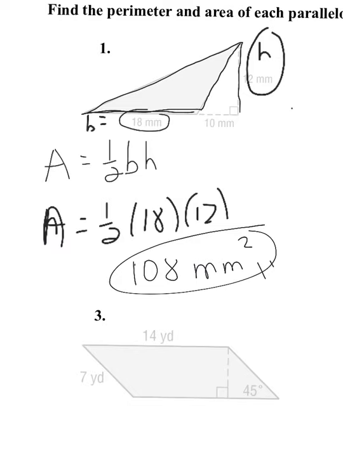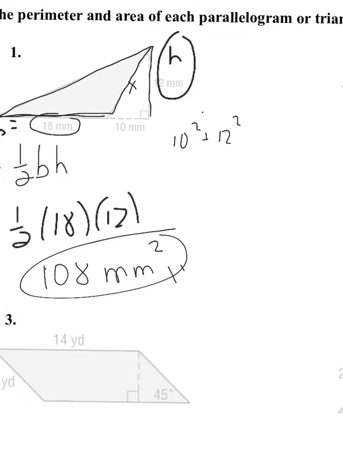First, let's call this x, and let's use 10 squared plus 12 squared is equal to x squared. 10 squared plus 12 squared, if you do your calculations, it will be 100 plus 144, it will be 244.